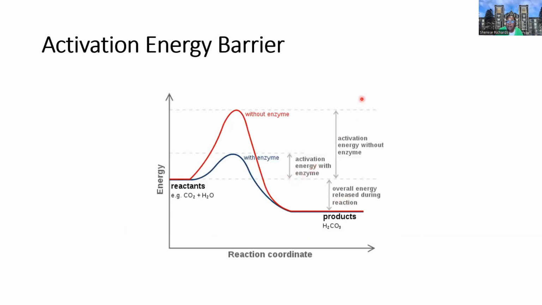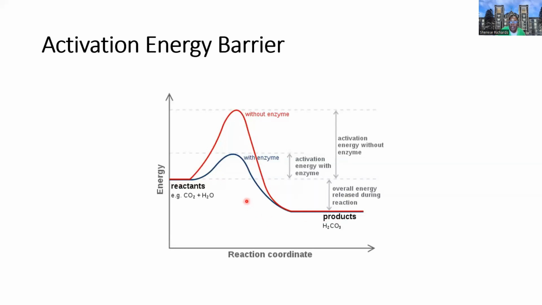So what do we mean by saying the activation barrier is lower? If we look at this graph, it's showing us the energy that's required for the reaction to proceed, and it's showing us the reaction coordinate. In other words, time. How does the reaction actually proceed? Now, if we compare what happens with the presence of an enzyme, this is the curve in blue, versus the absence of the enzyme, which is the curve in red.